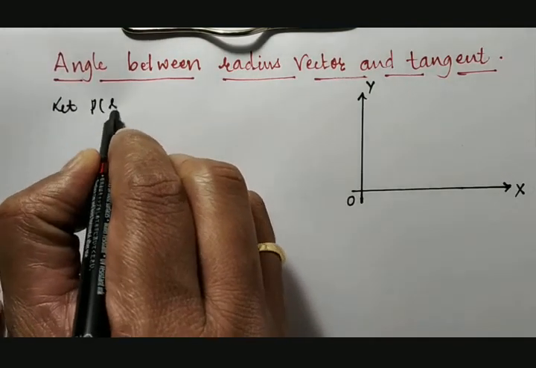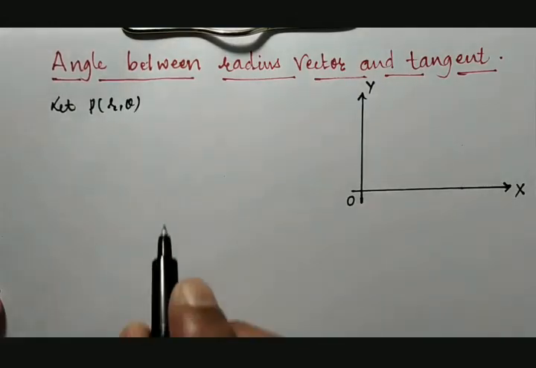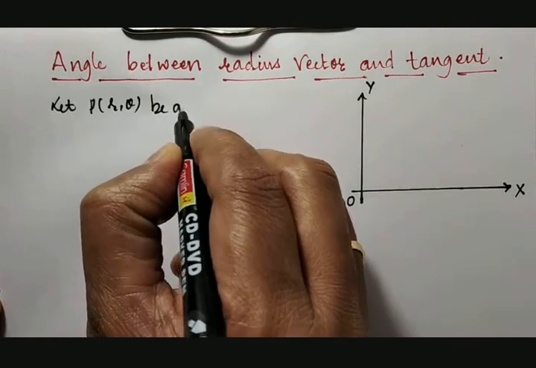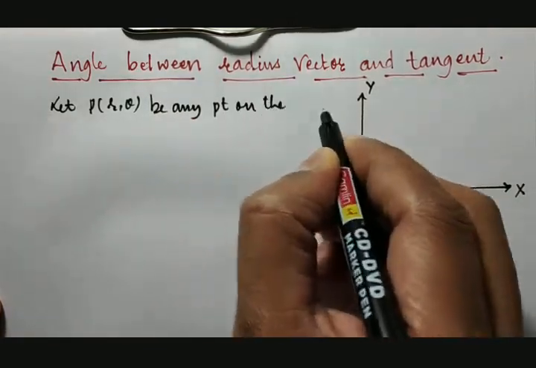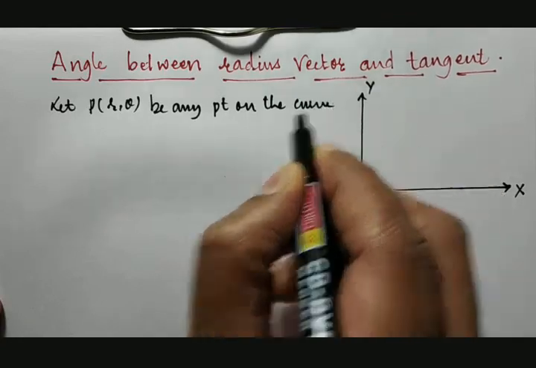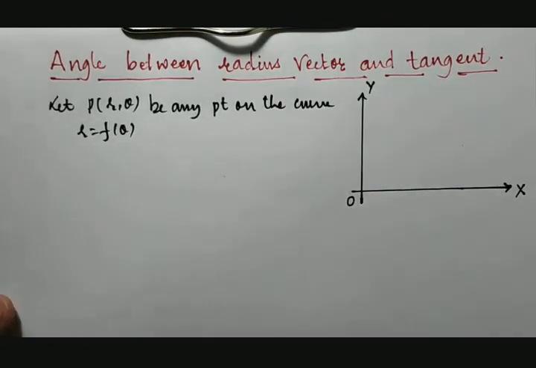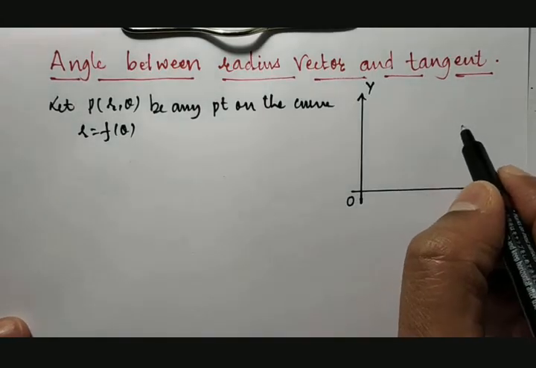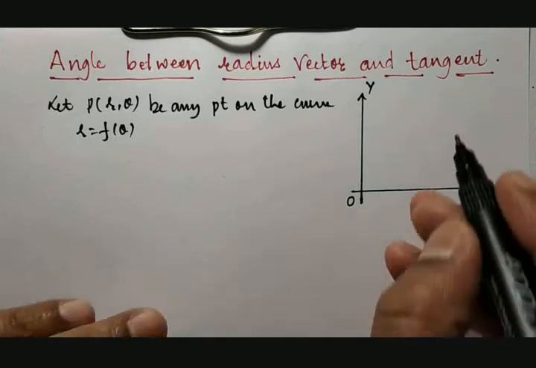Let P(r, theta) be any point on the curve r is equal to f of theta. Means I'll be taking a curve here. There will be one curve in a polar form.